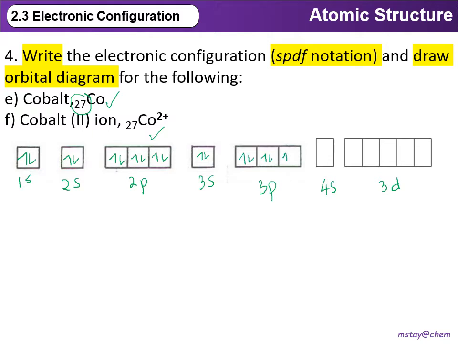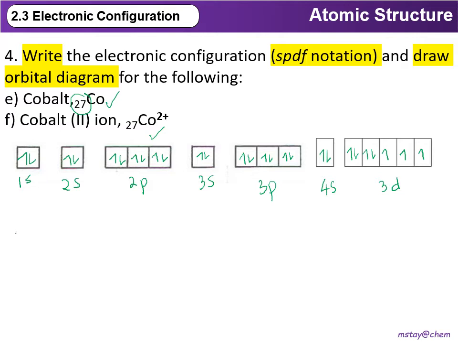Okay, when I fill up to here, we should already have 18 electrons, followed by the 4s, the 19th and 20th electrons, then the 21st, 22nd, 23rd, 24th, 25th, 26th, 27th. These are the ways we fill up the electrons for cobalt.